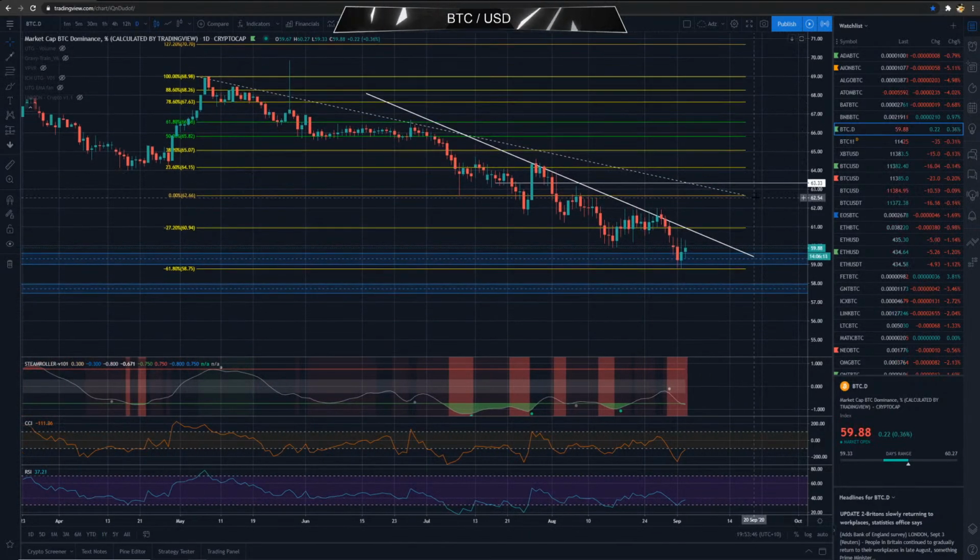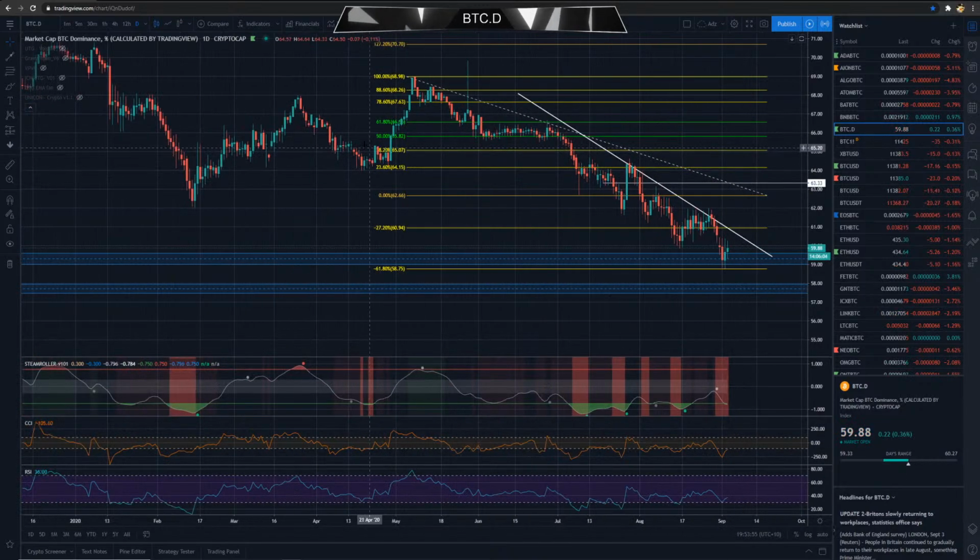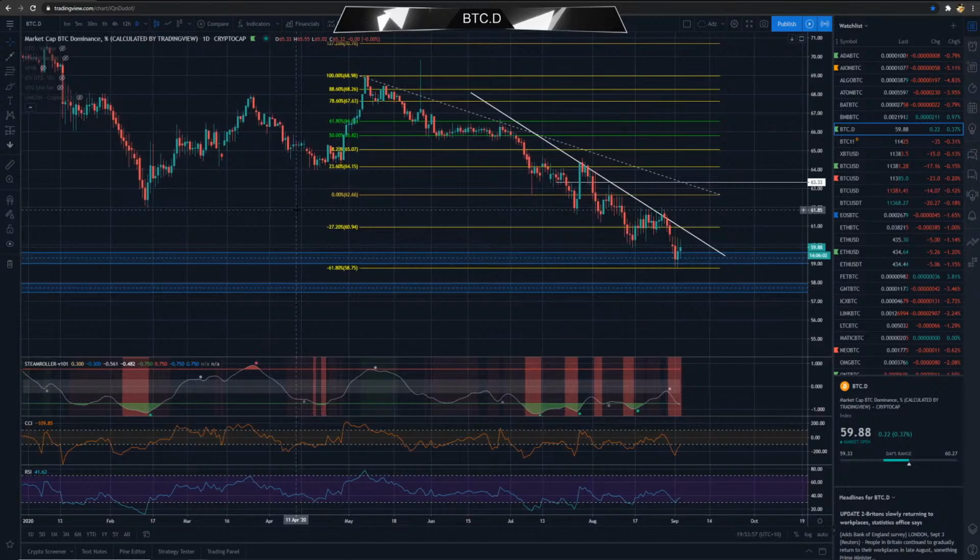Still walking towards that lower 58% level on the BTC dominance chart. I'll flick the title over for all you guys to have a look at as well. However, it's getting quite low, quite oversold. I know that the dominance chart doesn't get oversold, but in terms of the way the TA looks, it's quite oversold.